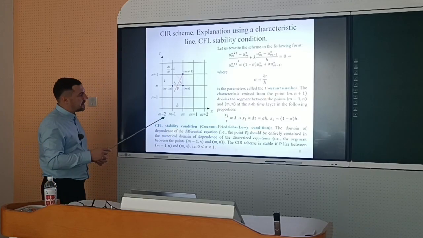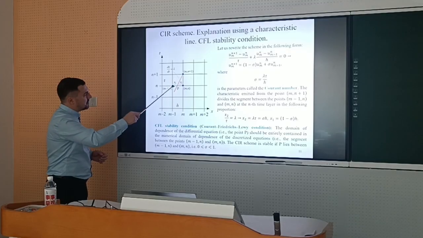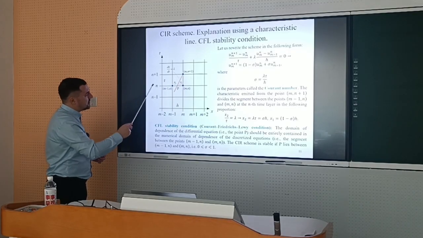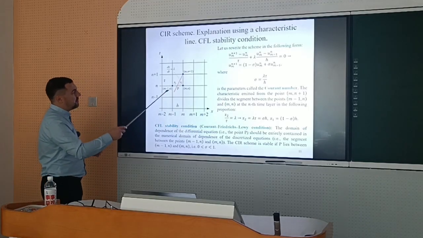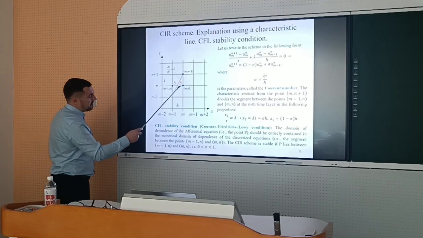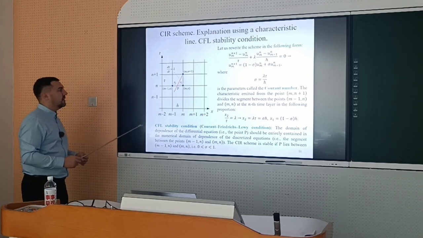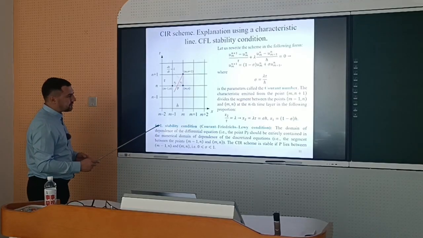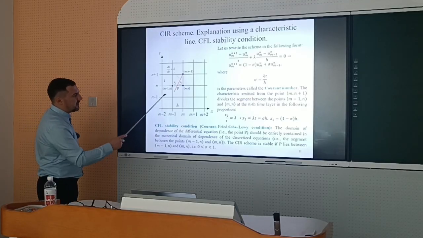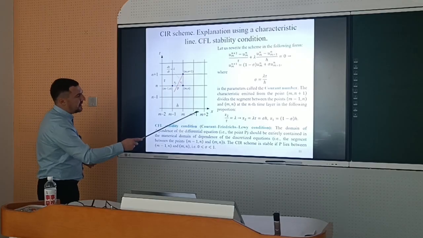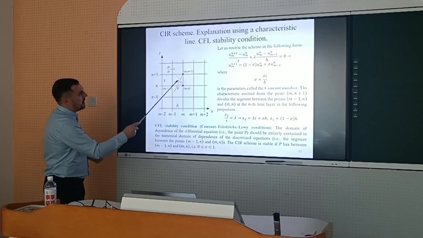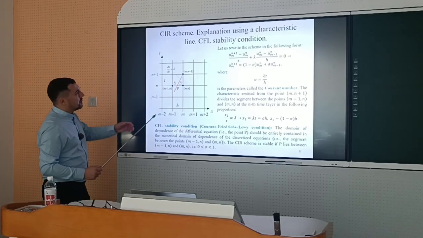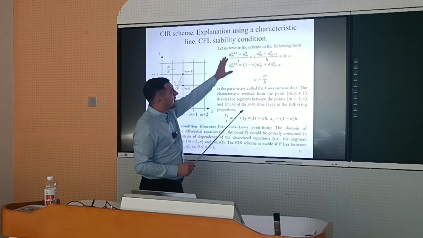Let's emit the characteristic line from this point, and it will intersect the nth time layer at some point P. Suppose this point P is between the node m, n and this node m-1, n, and suppose it divides the segment between the points m-1, n and m, n at the nth time layer in the following proportion: x1 and x2.